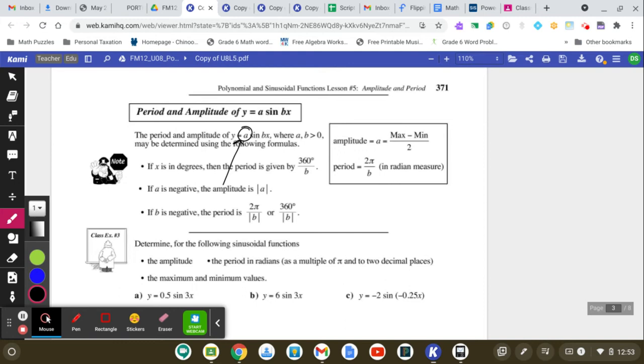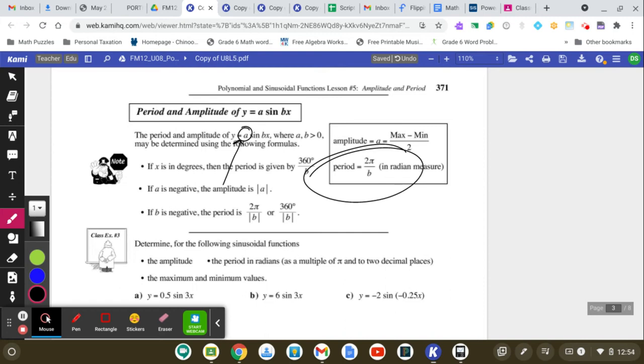Ready? If you want to know the period, you always take 2 pi and you divide by whatever that b is. Write that down somewhere. It is in the little box on page 371.